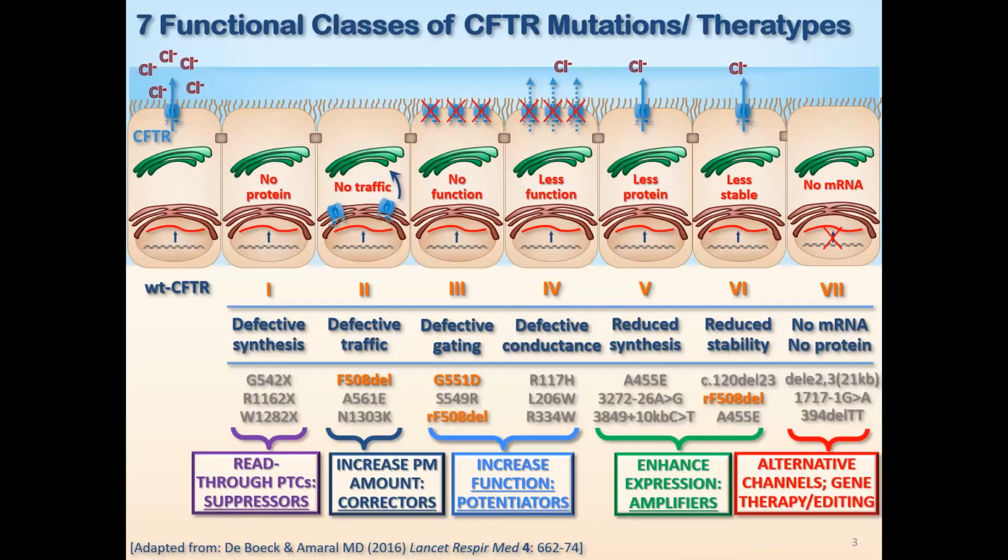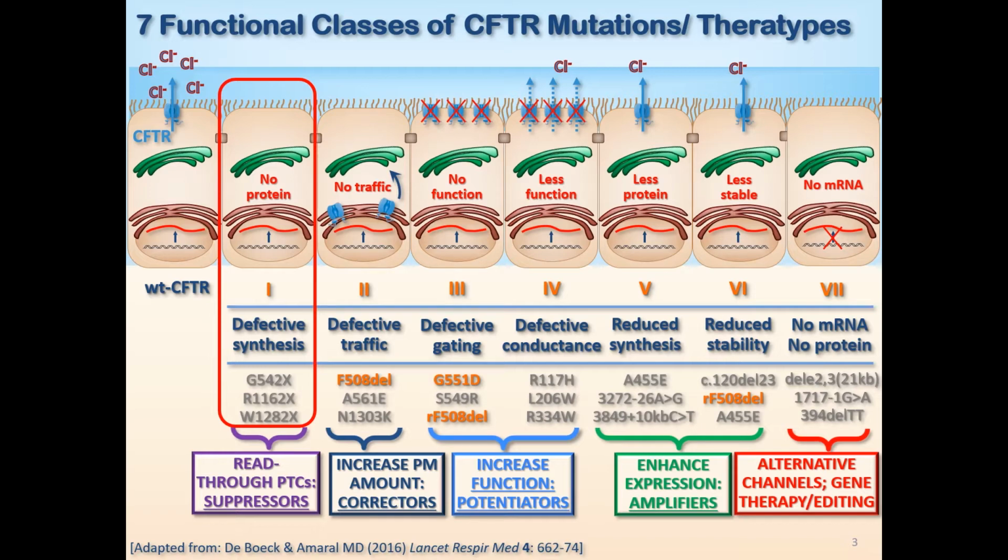So in the case of cystic fibrosis, we have 7 functional classes of mutations which have evolved into theratypes, meaning that mutations within the same class or theratype will actually be treated by the same therapeutic strategy. So today I'm going to focus on class 1 mutations, and these are the ones that actually have a stop mutation.